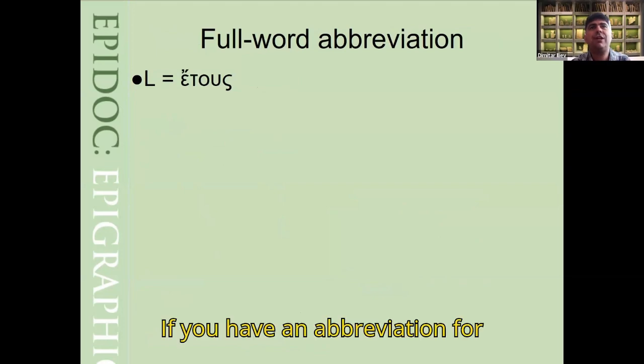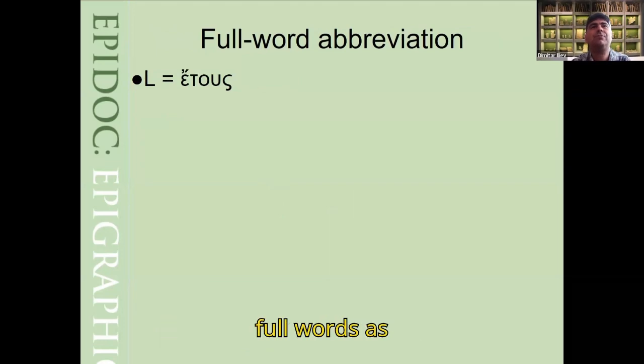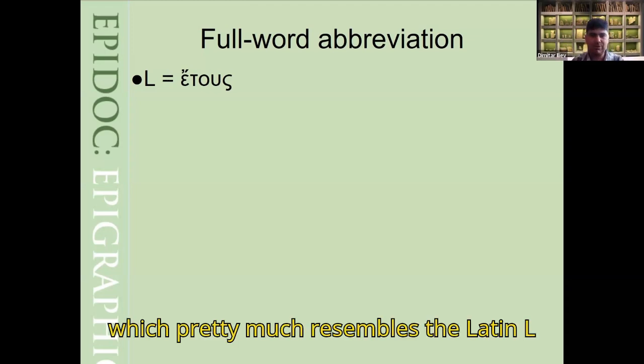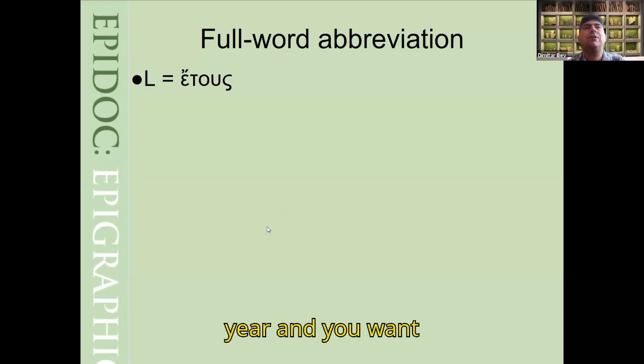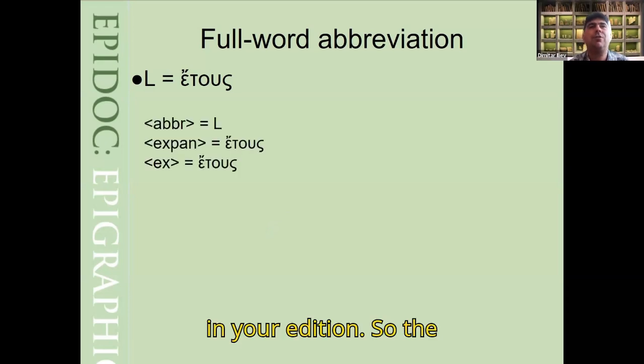If you have an abbreviation for a full word, as sometimes with this sign, which pretty much resembles the Latin L, and which stands for indicating the year. And you want to have the etus in genitive for time in your edition.